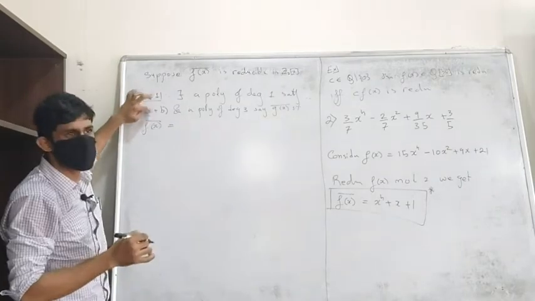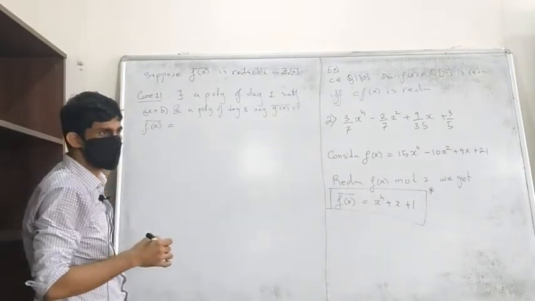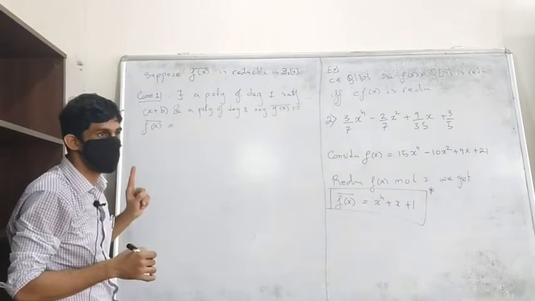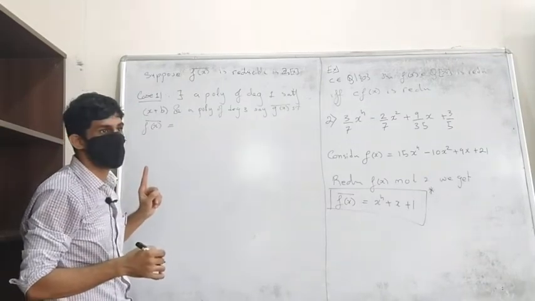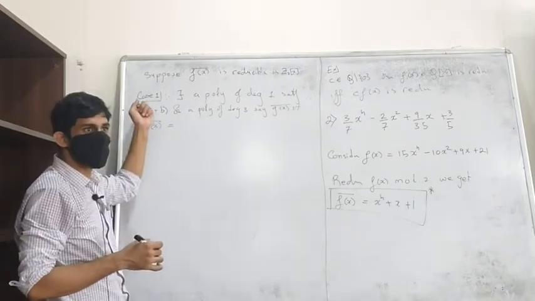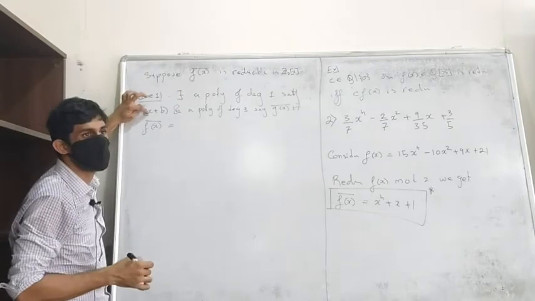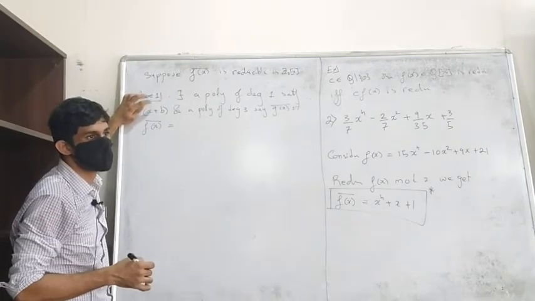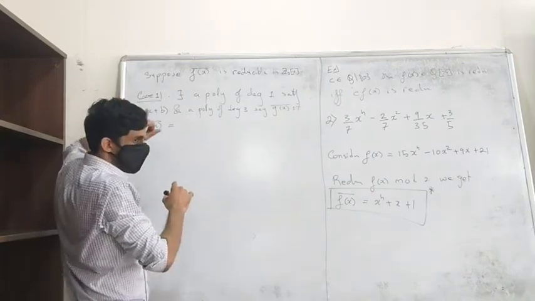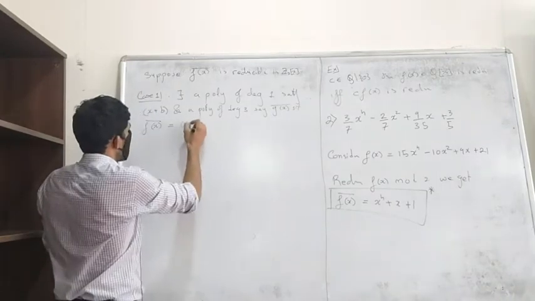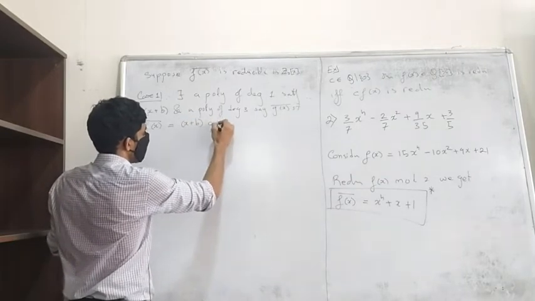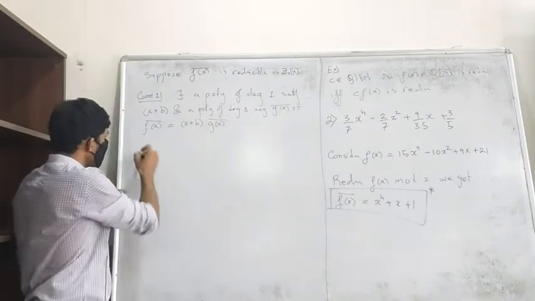This a and b come from Z2, so a and b are either 0 or 1. Of course, the only possibility for a is 1, because I want a polynomial of degree 1 and we are working in Z2. So this can be written as x plus a times g of x bar.